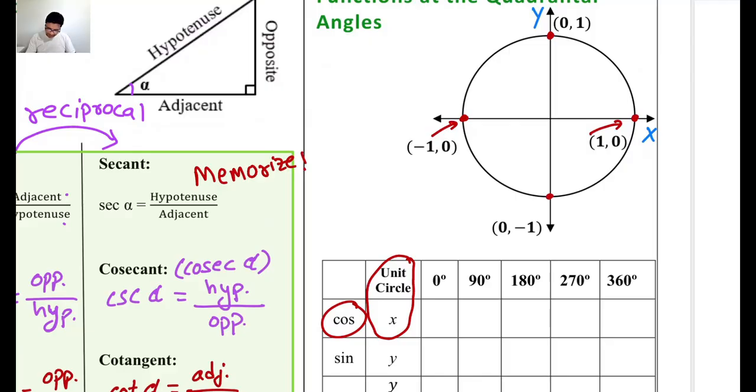I'm going to highlight for the first one. X coordinate is 1 when the angle is 0. The first one is x coordinate. So at 0 degree, the x coordinate is 1. Hence, cosine of 0 is 1.